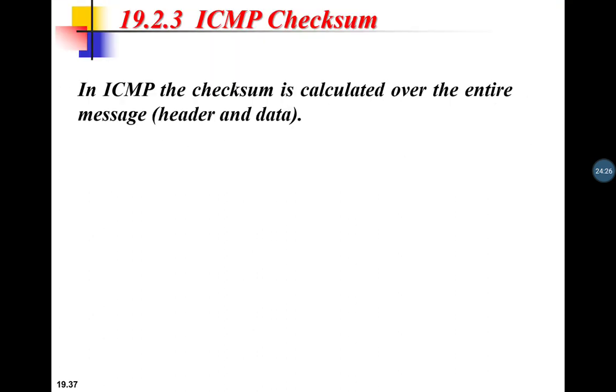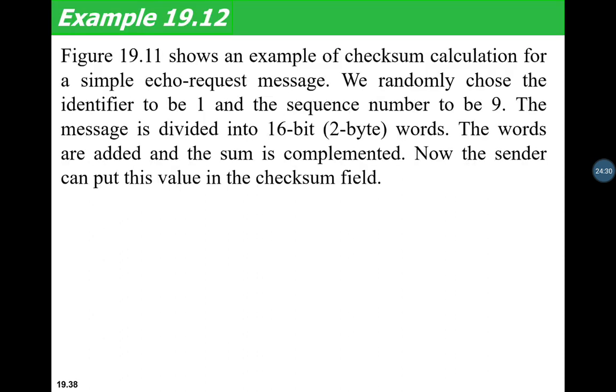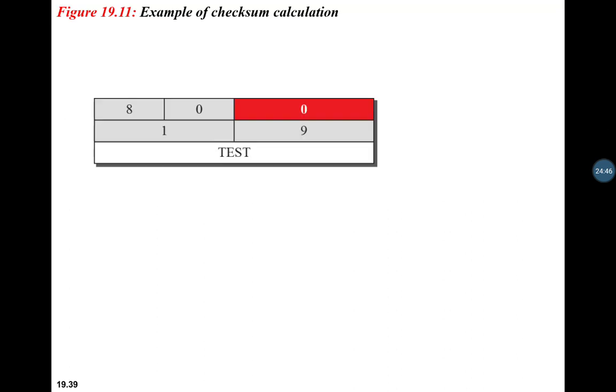Next is about the ICMP checksum. ICMP checksum is calculated over the entire message. An example is shown here for a simple echo request message. We randomly choose the identifier 1, sequence number 9, and so on. The message is divided into 16-bit words. The words are added, the sum is complemented, and then the sender can put this value in the checksum field.